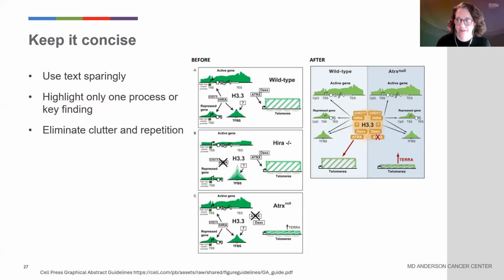They condensed that 3-panel rectangular design into 1 panel with 2 components according to journal guidelines. You can see that this panel has been taken out. So they just deleted this part because it's not really relevant to the main point of the paper, which was this comparison of wild type and ATRX null conditions.